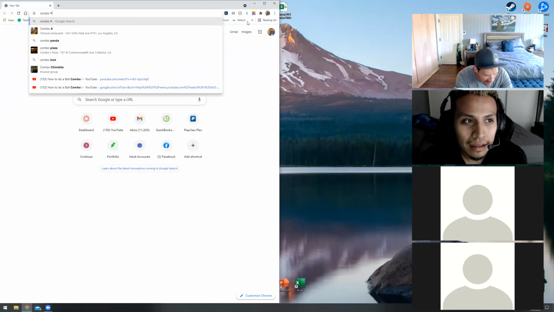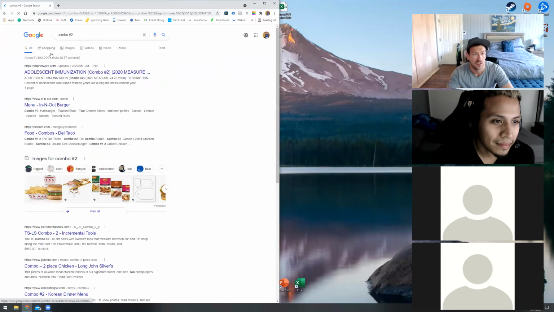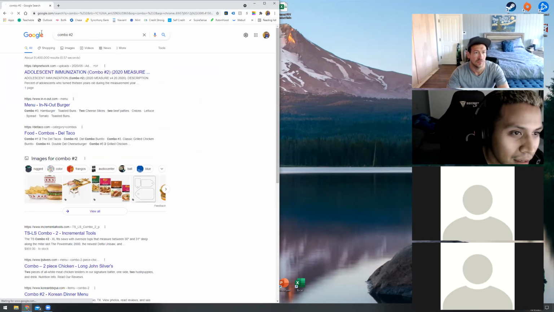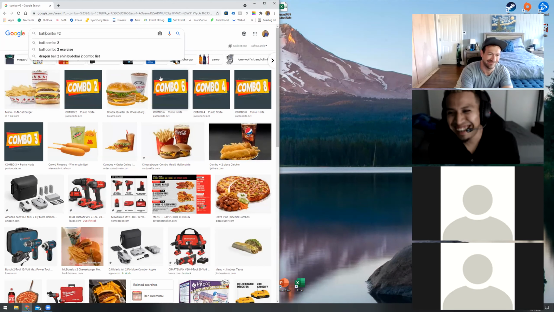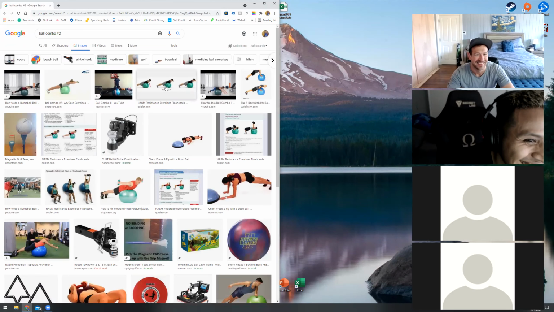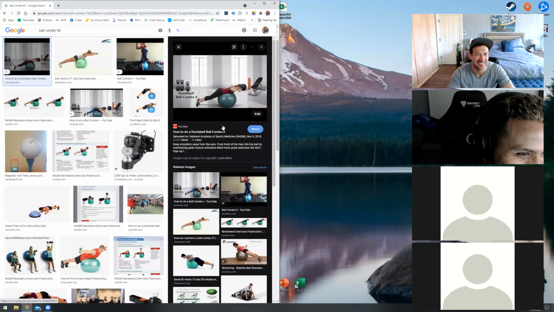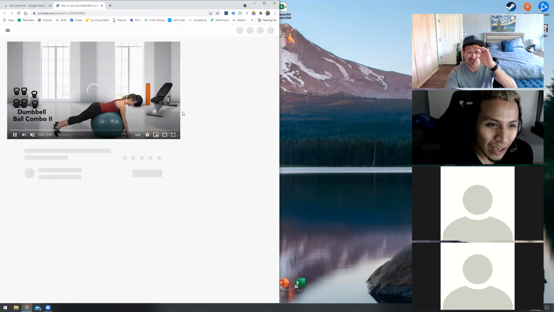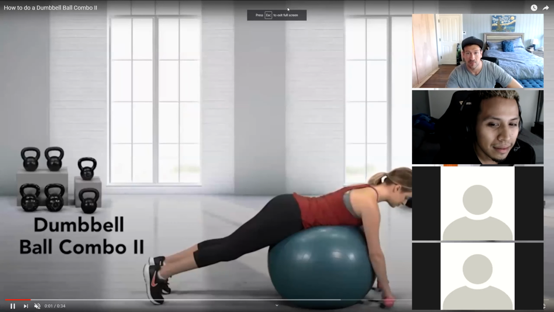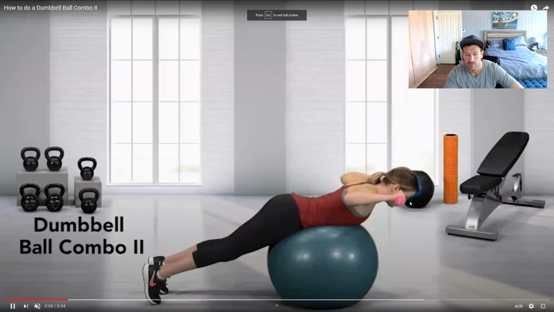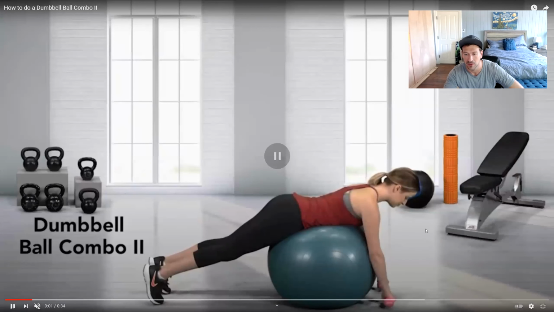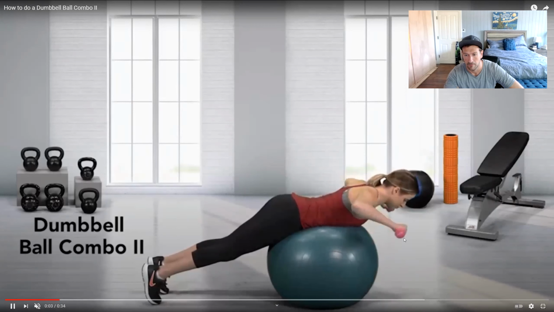That's good advice right here. Let me see. Yeah, that looks good. So this is doing it on a ball, but it's the same thing. I see. Okay, but try it facing up though.